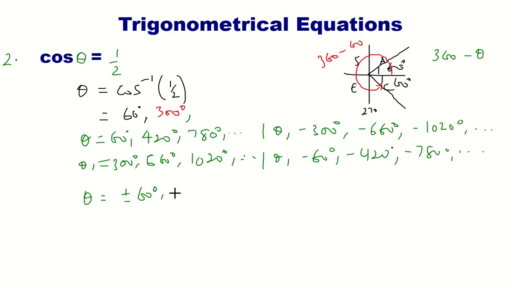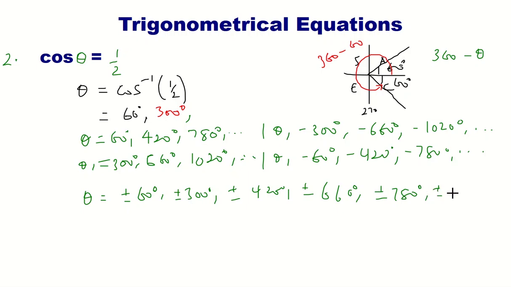We had positive and negative 300 degrees. We had positive and negative 420 degrees. We have positive and negative 660 degrees. We have positive and negative 780 degrees.